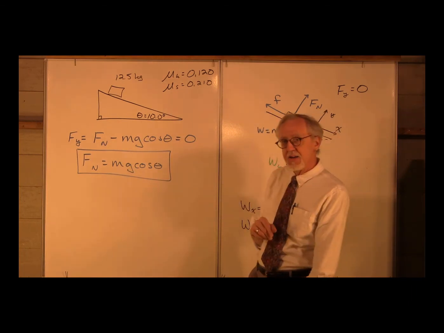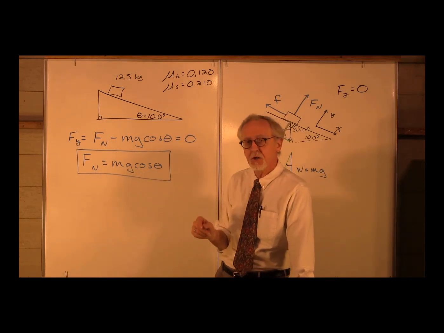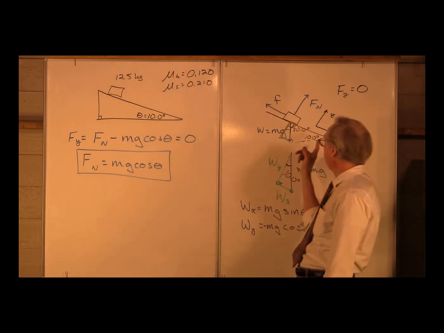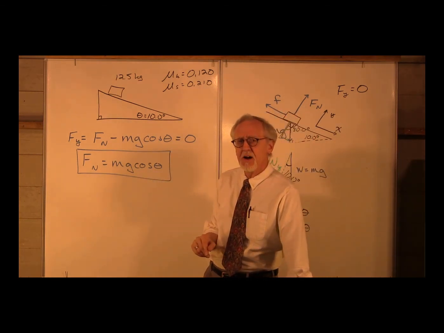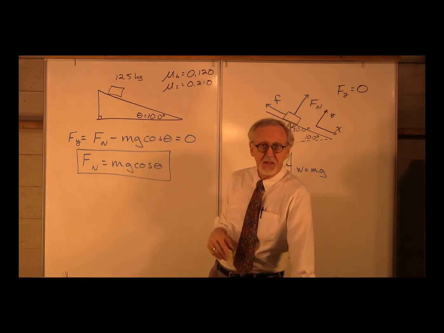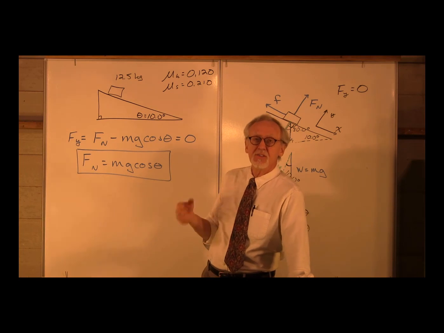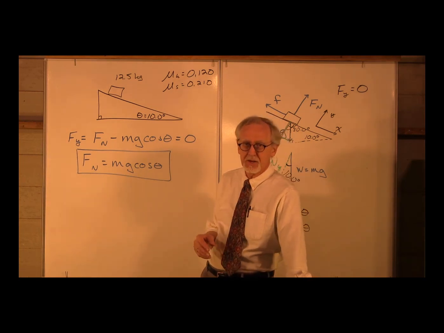An object on an incline has a normal force that's equal to mg cos theta, where theta, again, is the angle of the incline. Let's remember that. We're going to see that often enough. We could always figure it out again by going through this calculation, but typically we're not going to do that. We'll just remember, oh, the normal force for an object on an incline is mg cos theta.